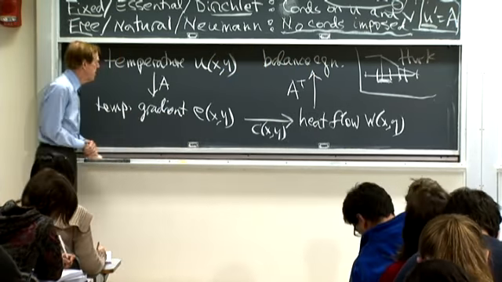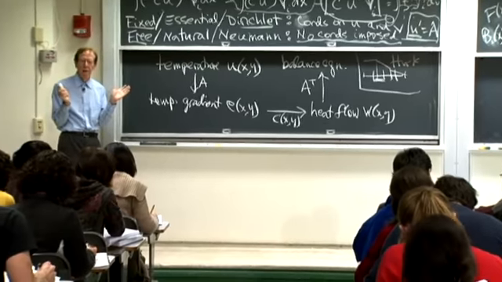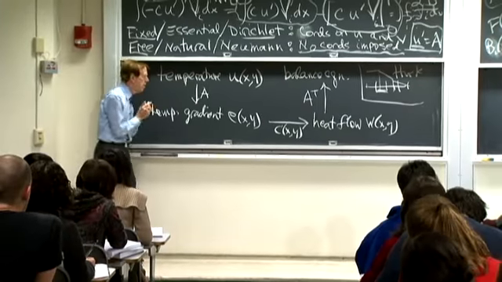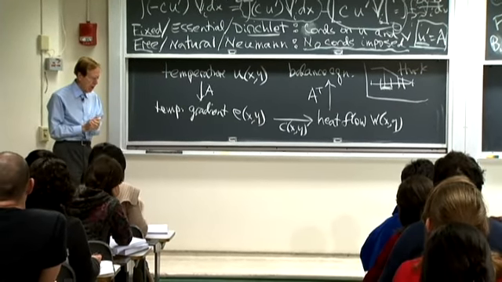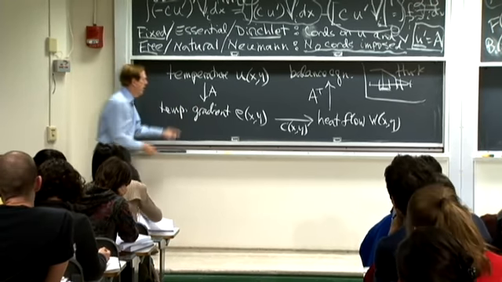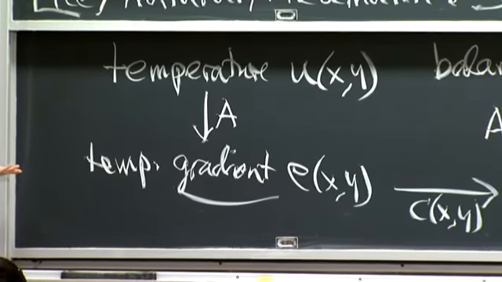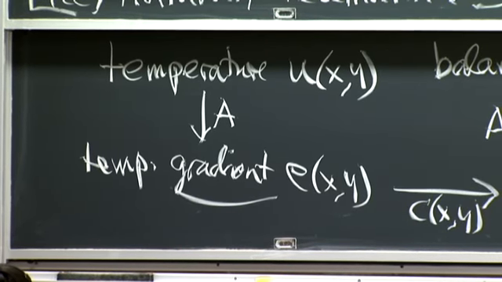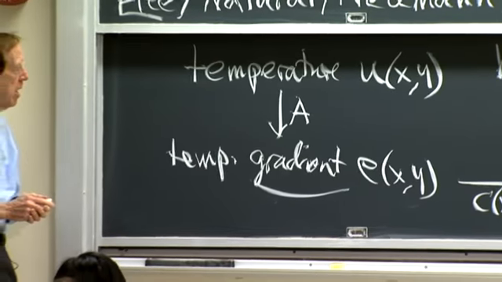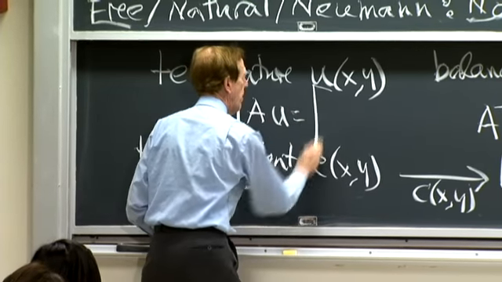So I just want to think, what's the operator A? If we can focus on that question, then that's what's going to occupy us for certainly the whole of next week. So I've actually used the word gradient. We have functions of two variables. We're looking for the rate of change, the steepness of those functions. So AU is going to give me two derivatives.